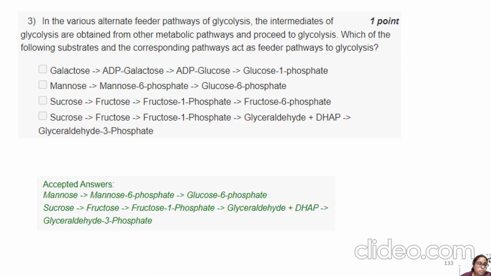So if we come back to the question that we started with, mannose can be converted to mannose 6-phosphate to finally glucose 6-phosphate. And sucrose can be converted to fructose, then fructose 1-phosphate, glyceraldehyde plus dihydroxyacetone phosphate, and then glyceraldehyde 3-phosphate.